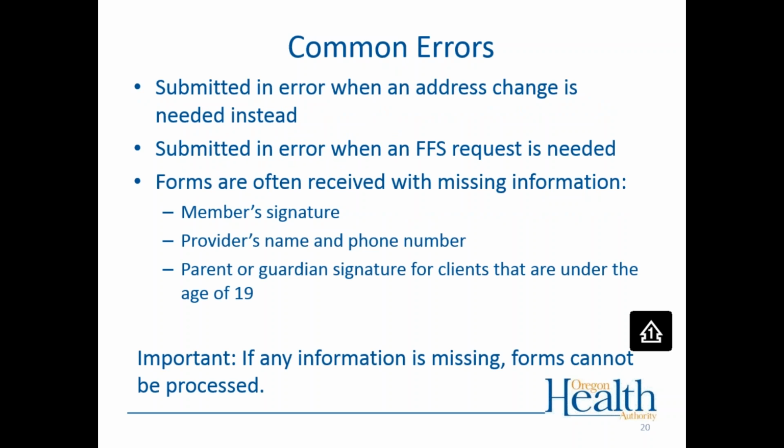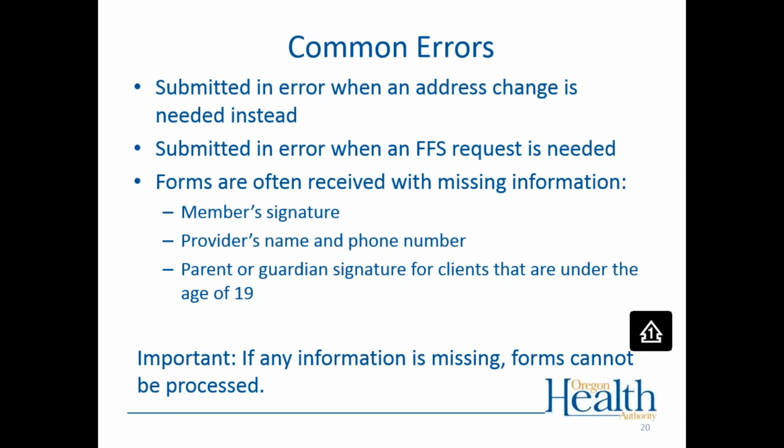So some common errors. This form is often used when what really needs to take place is an address change. A lot of times we'll see that the member wants to change from a CCO in one region to a CCO in another region because they've moved, when really what they need to do is submit an address change instead.